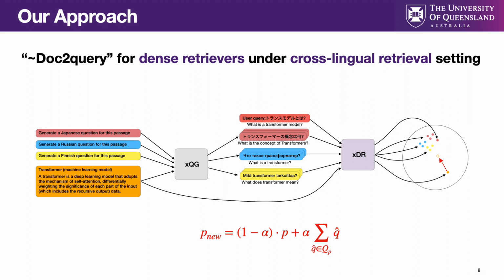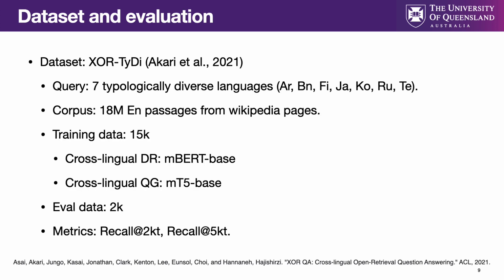We then index the augmented passage vector into the vector index. At query time, the user query is also encoded into the vector space, and hopefully the augmented passage vector of a relevant passage will be closer to the user query vector. Thus, the cross-lingual dense retriever can rank it at a higher position of the ranking list.